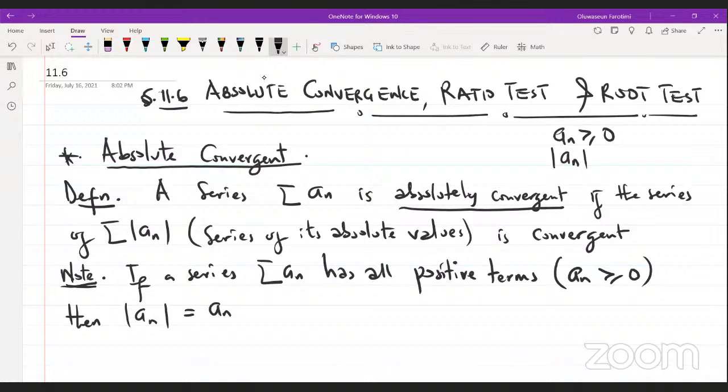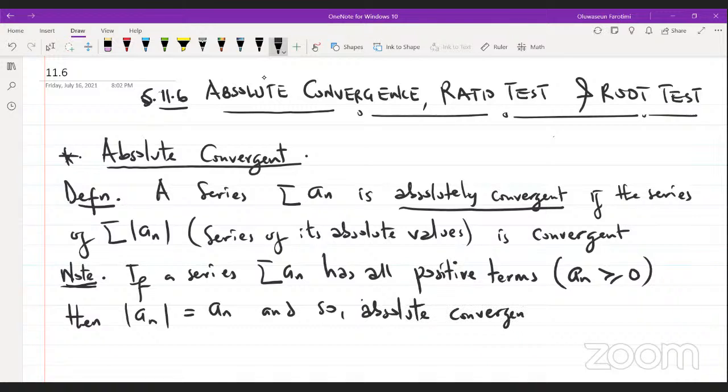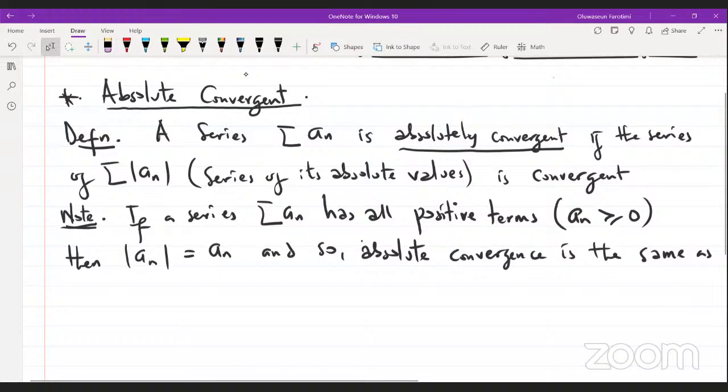So if you take the absolute value of the positive guy, it's still the same thing. Okay, so it's something to remember. So that means absolute convergence is the same as the usual convergence. Now this happens when the terms of the series are all positive. Okay, so the absolute convergence is just the same as convergence.